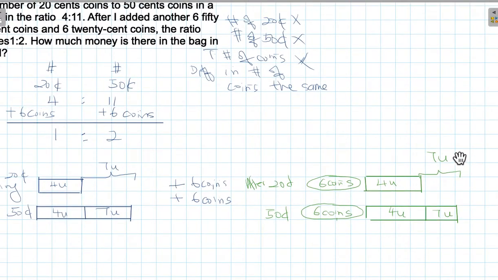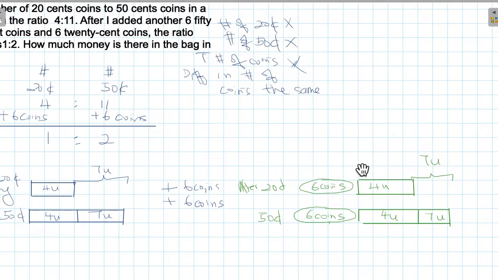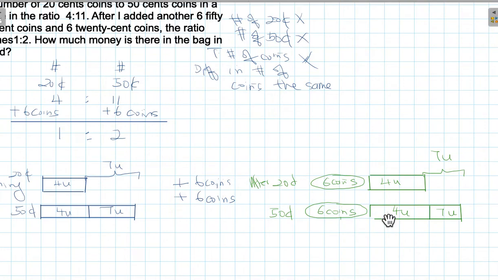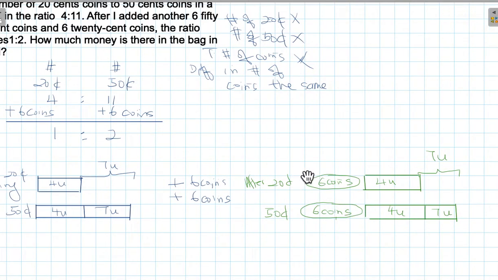It's still 7 units, because this 6 just cancels off. So my difference is not 7 units and 3 coins. If this is 8 coins and this is 6 coins, then my difference will be different from the beginning. Let's say if this is 8 coins, then I will have 2 coins more in the end as compared to my beginning.